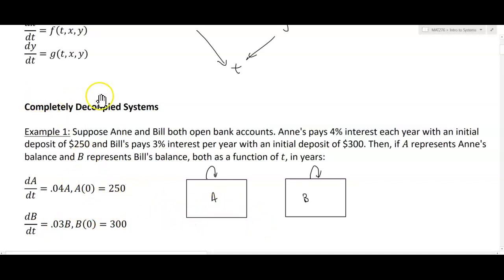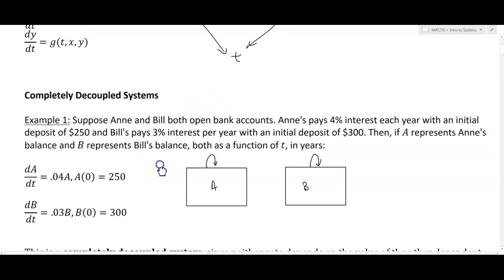So the reason we call this system completely decoupled is because the rates of change do not depend on the other variable. For example, we see that A's rate of change is only dependent upon the value of A. The rate of change of B is only dependent on the value of B. And these are decoupled in the sense that they're not paired. When we think about a couple, we think about them as being together or related. But these are unrelated.